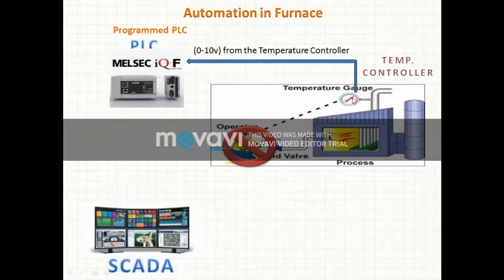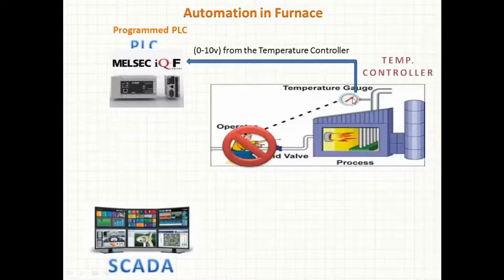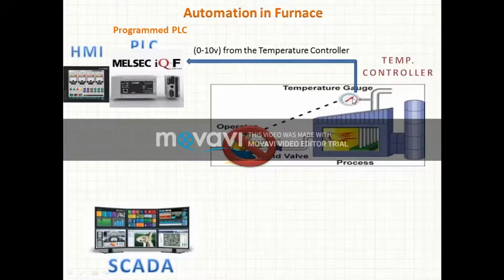Inside the PLC, I'll program it in such a way that when this 10 volt reaches, I should cut off the valve. The HMI is used to monitor the values, what the current temperature is, and I can also log data inside that. I'll digitally control the valve using the 0 to 10 volt output.